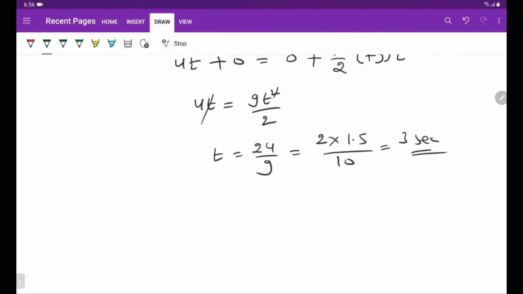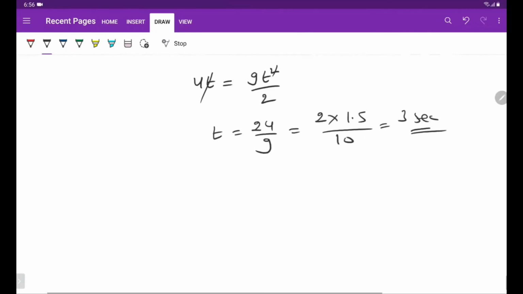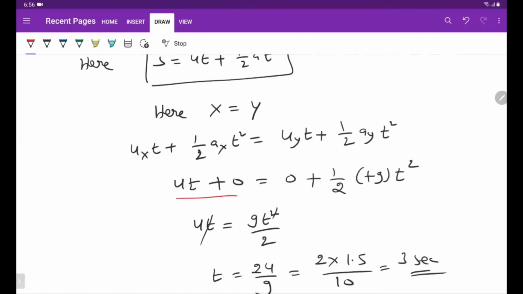Then substitute this time in x and y. We know x is equal to ut, and y is half gt square.